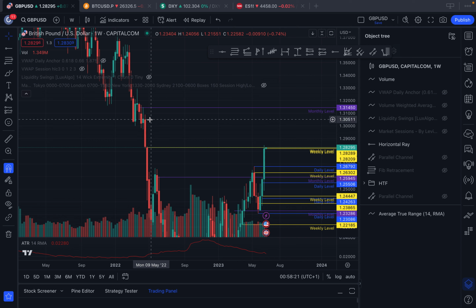Because the moment we created it, it went back down, we never really looked back. So I think if we are covering all these fair value gaps, it would make sense to come up here, because this is the next liquidity area, next little range, as you can say. And this is on the weekly range, so these are big ranges. So definitely I think we need to log this one here.